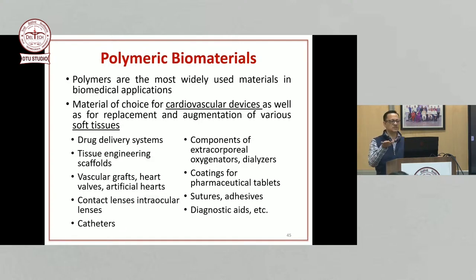So you can do so much of this, and we will talk over the next few days about why this hydrophobic, hydrophilic, high water uptake, low water uptake makes a big difference in all these medical applications.